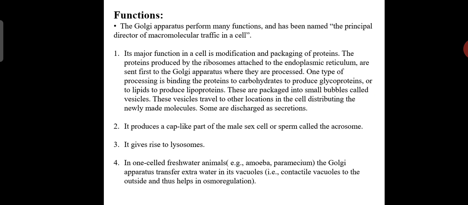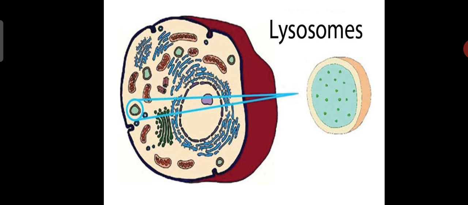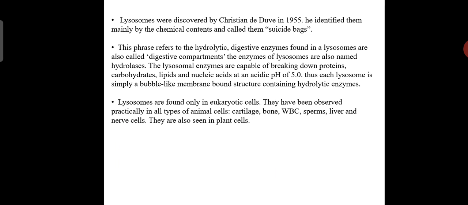Next we move to another cell organelle, that is lysosomes. We call them the suicide bag of the cell. Lysosomes were discovered by Christian de Duve in 1955. He identified them mainly by their chemical contents and called them suicide bags.